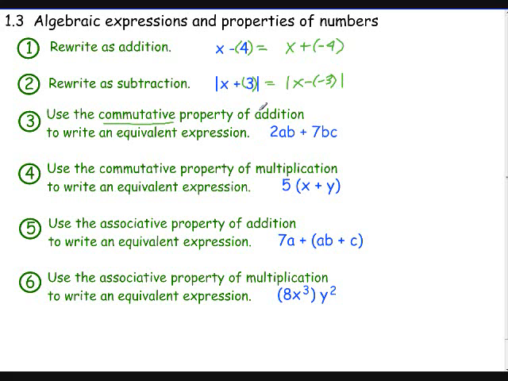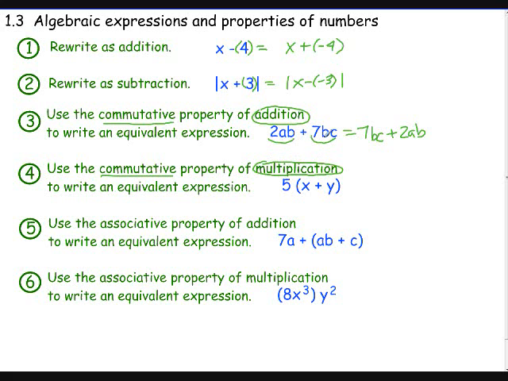Commutative property of addition. So where things are located relative to the adding. So our first term is going to become our second, 2ab, and our second term is going to become our first. Commutative property of addition. Now the commutative property of multiplication.